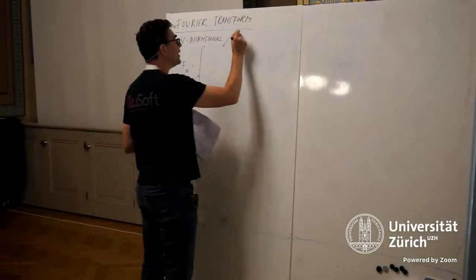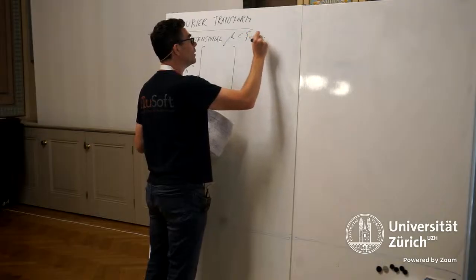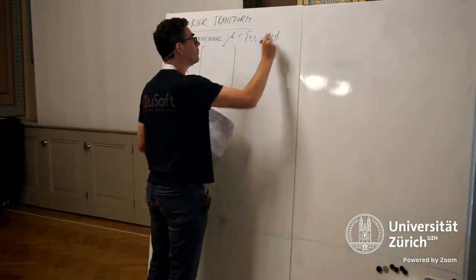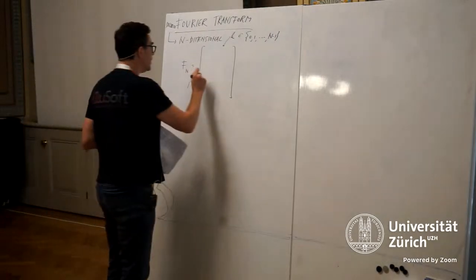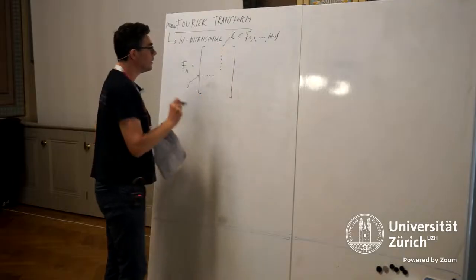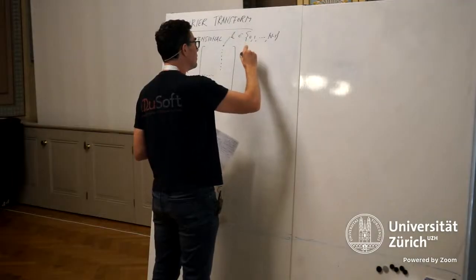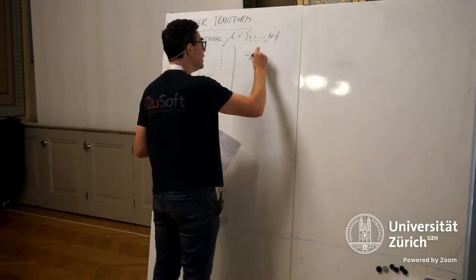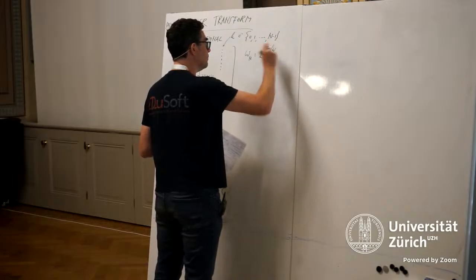Right, so both K and J are between 0 and capital N minus 1. And the JK entry of this matrix is defined as follows. So I'm going to define a capital Nth root of unity to be e to the 2 pi i divided by capital N.